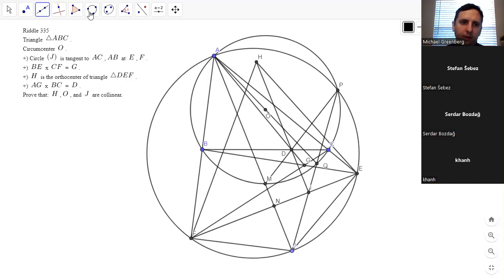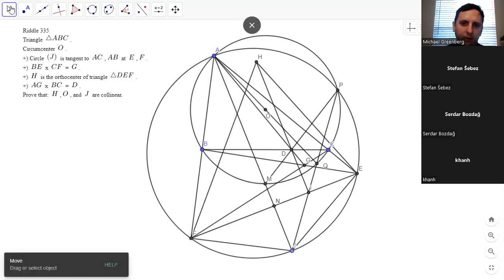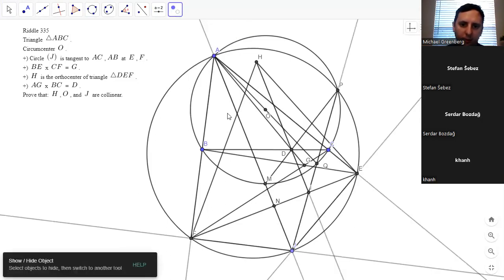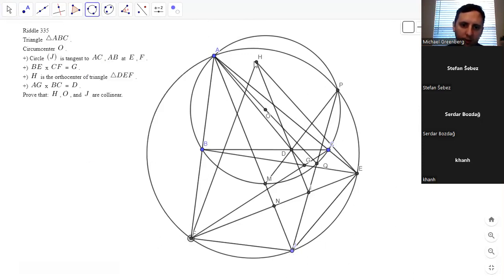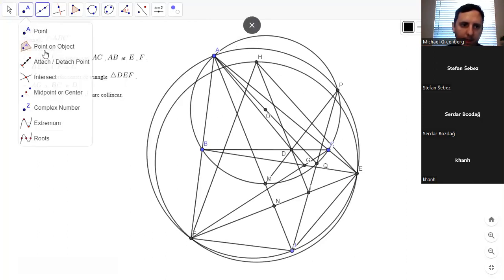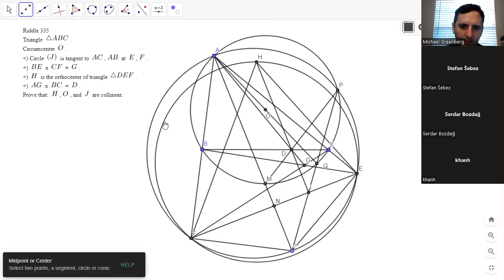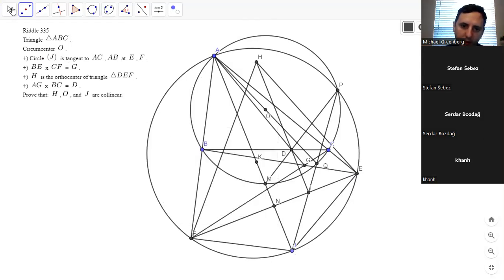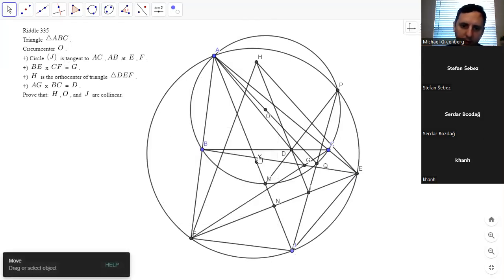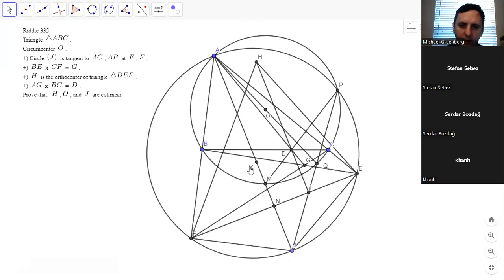Maybe there's something special about... I'll just draw the circumcenter of HEF, like point L. Because it lies on AJ, we know that. Okay, yeah, we call it K. So K is the circumcenter of HEF, and HD is 2KN.